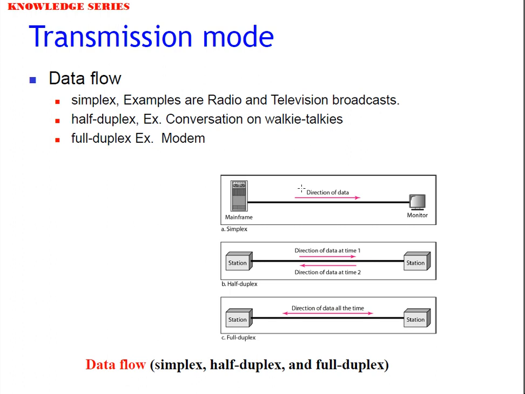In our home we receive radio signals or TV signals, that is a simplex form of communication, or one-way communication. The next is half duplex. You can see there is one station here, the direction of one signal is shown here, and the direction of another signal is shown here.